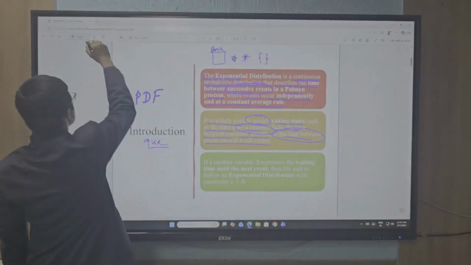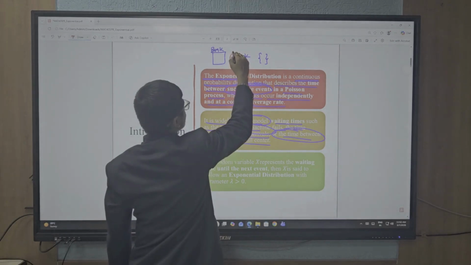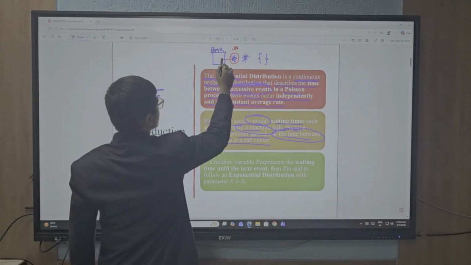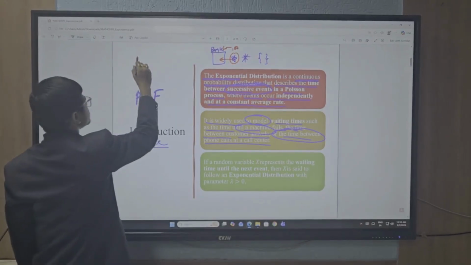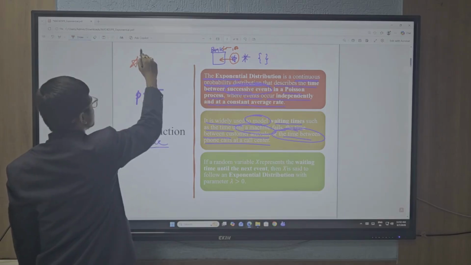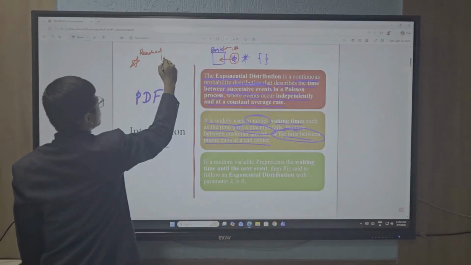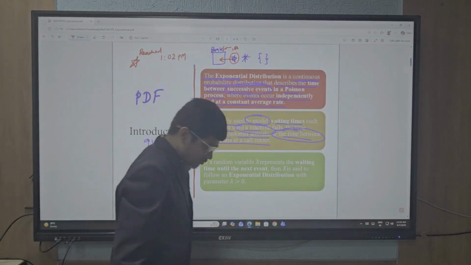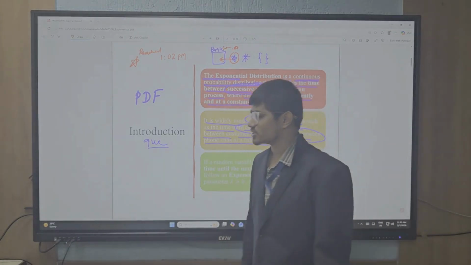Let's understand that if the star is at the first number, the star is going to the counter, means this is a bank counter. The star reaches the bank counter at around 1 hour 2 minutes, means this time period.